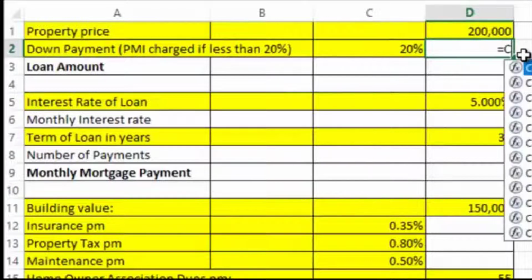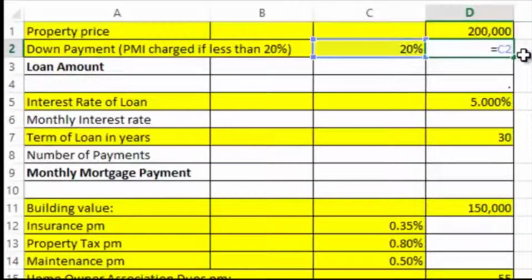And I'm going to take that cell and multiply it by this cell above, which is in column D, and it's row number 1. So this cell here is the cell D1. It goes column, row, so D1. So I'm going C2 times D1. Then I press enter. 40,000.